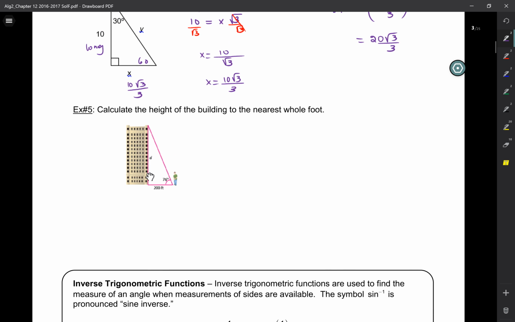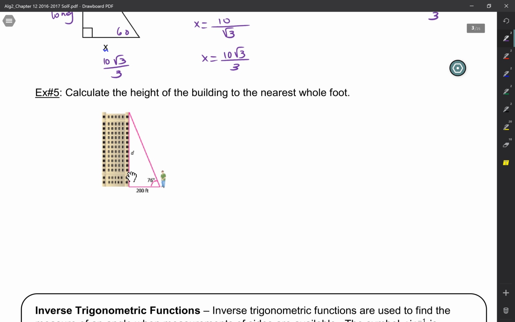Okay. So here we go. Let's find the height of this building. I've got a right triangle, assuming the engineers build this building correctly. So listen, I'm given an angle. You highlight the angle, and then you want to label the sides that you're working with as opposite, adjacent, or hypotenuse.